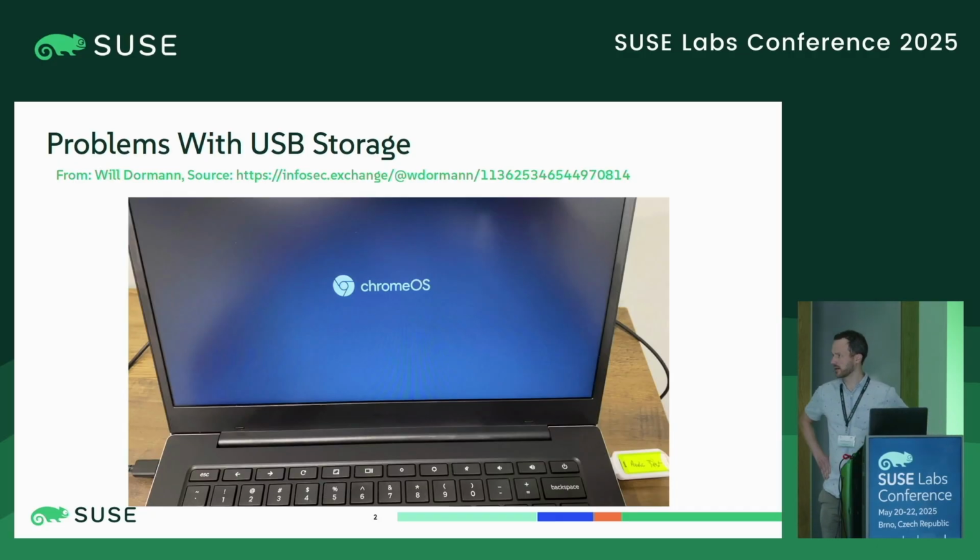So in this case, he mentioned that Chrome OS was mounting with panic on error with ext file systems, and that was then obviously allowing him to trigger this reboot. So this isn't basically an exploit per se, but this is the sort of issue that we have with USB storage and what we hope to tackle with projects like this.